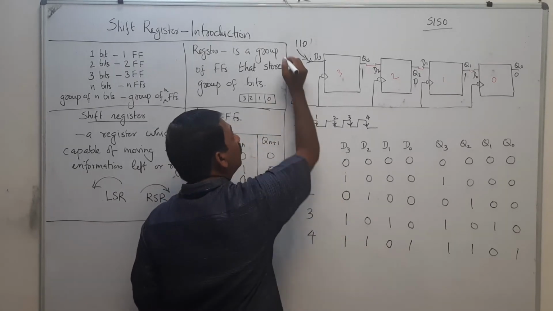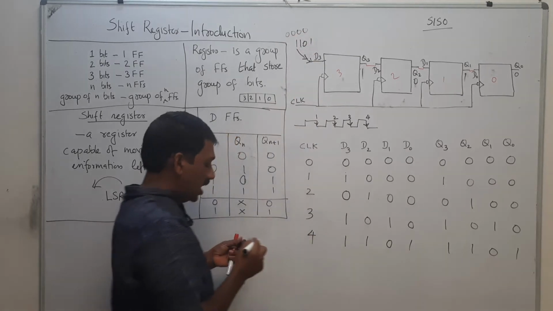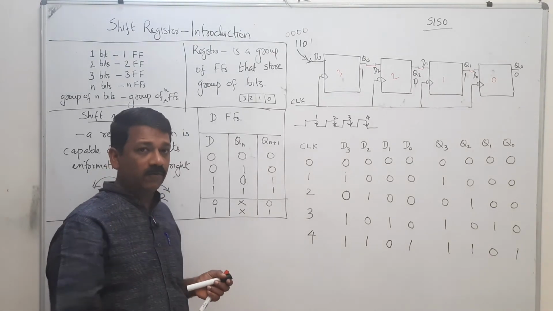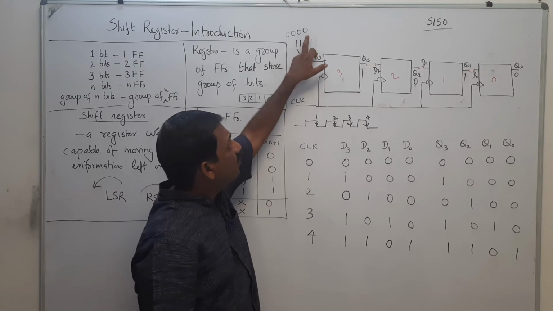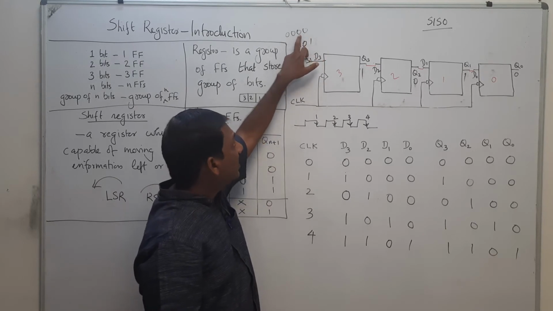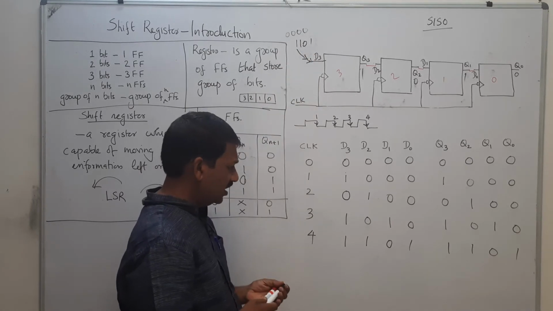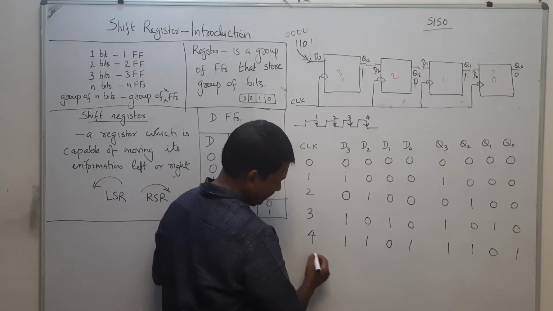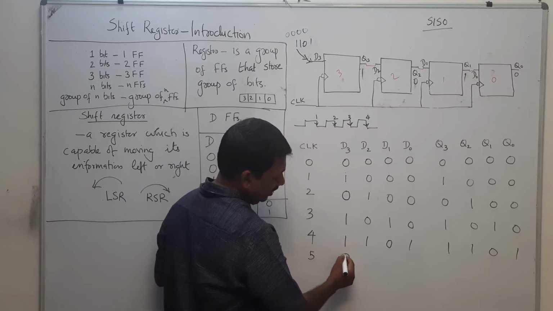Now you are going to give 0 0 0 0, another 4 bits in serial fashion. Initially we give 0, then again 0, 0 and 0. Suppose you give 0 as D3. This is the 5th clock cycle.